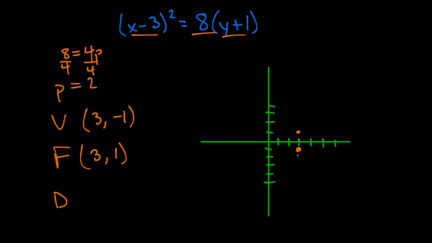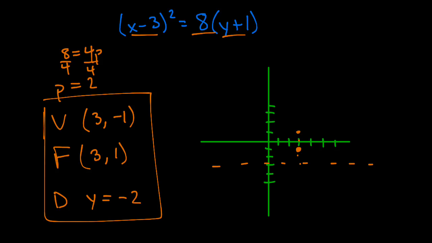So if we go to our vertex and we go down 2, that gives us the horizontal line y equals negative 2. So there's our vertex, our focus, our directrix, and then all we have to do is sketch the shape of the parabola around our focus. It's always going to open up around the focus and away from the directrix.